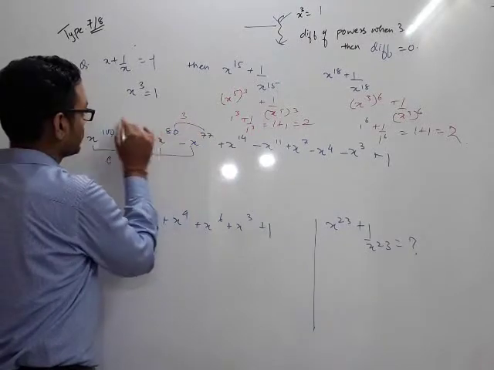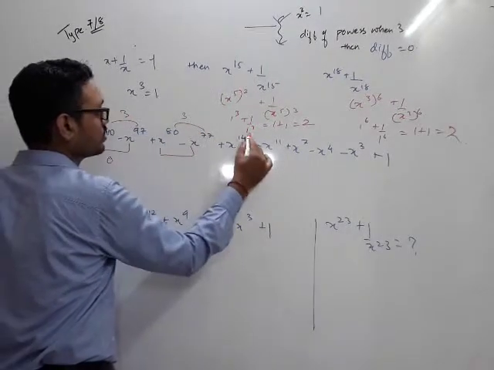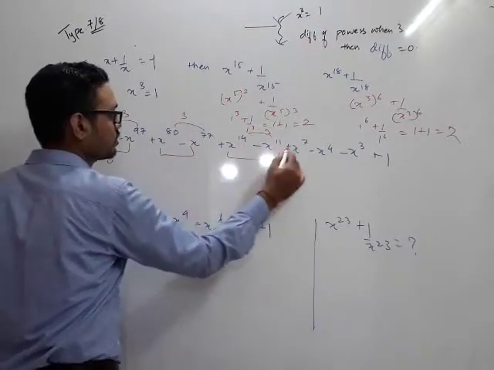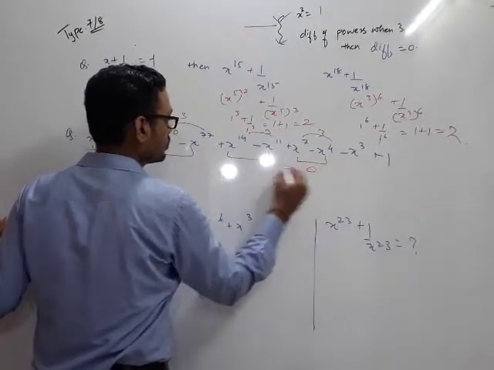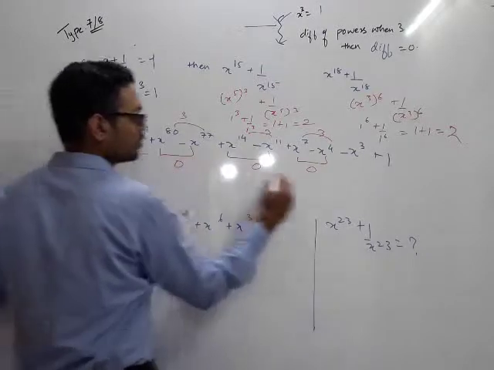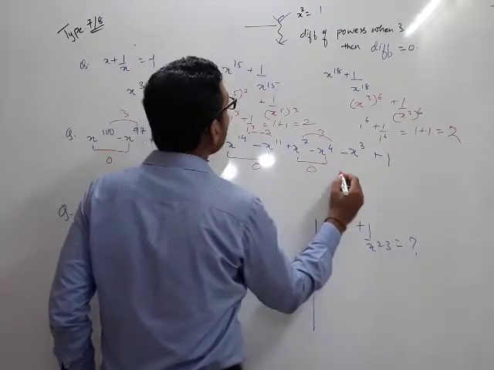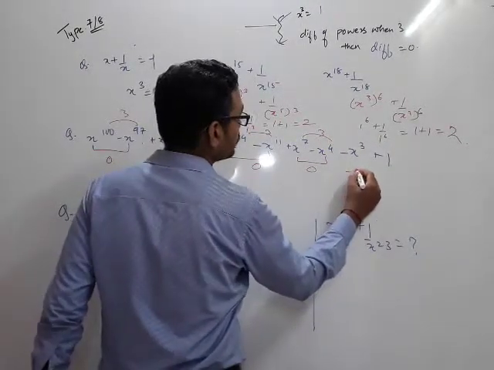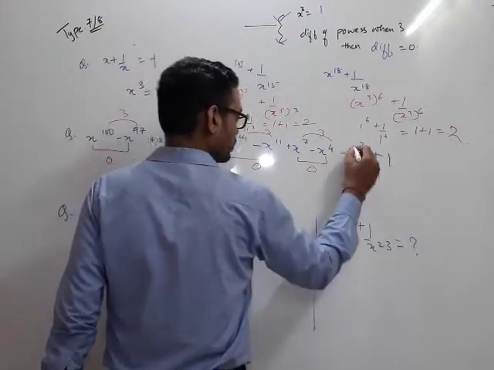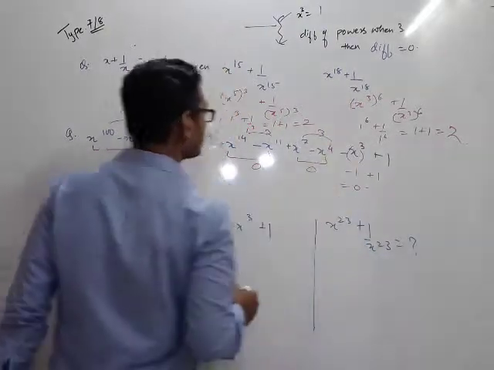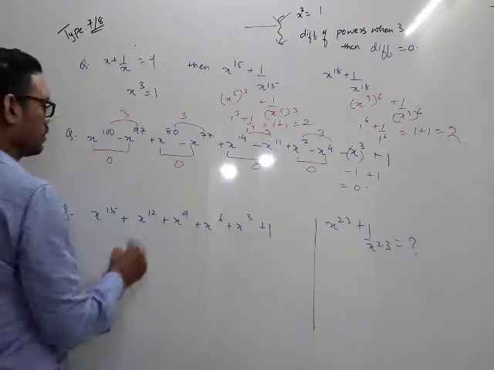This is 3, this is 3, this is 3. So 0, 0, 0. Minus of x cube is minus 1 plus 1, which is 0, because x cube is 1, so minus of x cube will be minus 1.